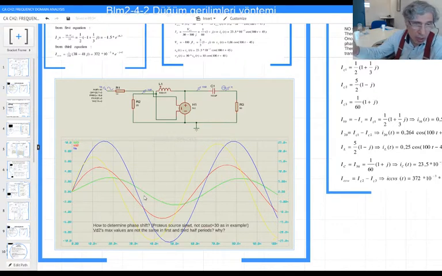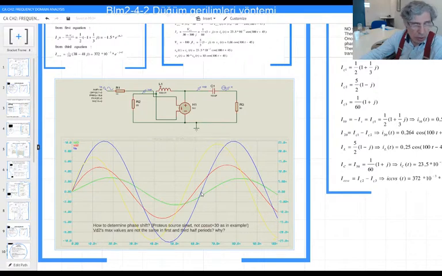So how can we calculate the phase difference between two signals, let's say this red and blue one? How you are going to calculate it is easy. One period of time is 360 degrees. So you can measure the period here for this blue one, for example.